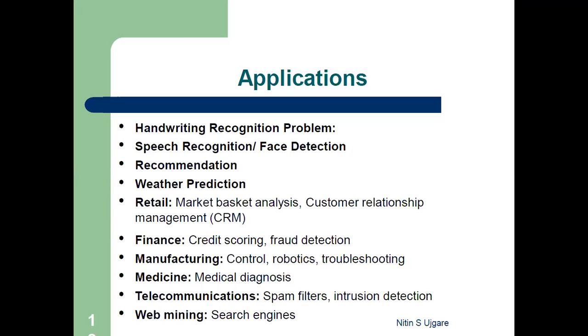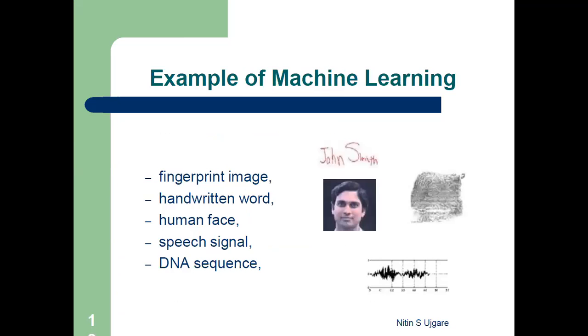And finally, web mining is one of the major applications of machine learning, where the best example of web mining is the search engine. So now we'll try to see examples of these applications. I will show you in this slide. This shows the fingerprint image.